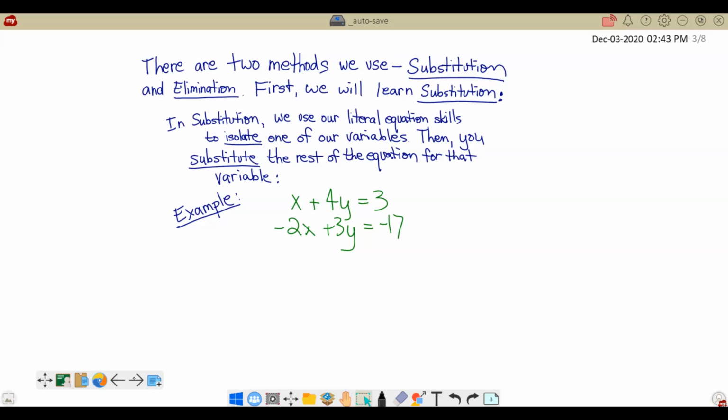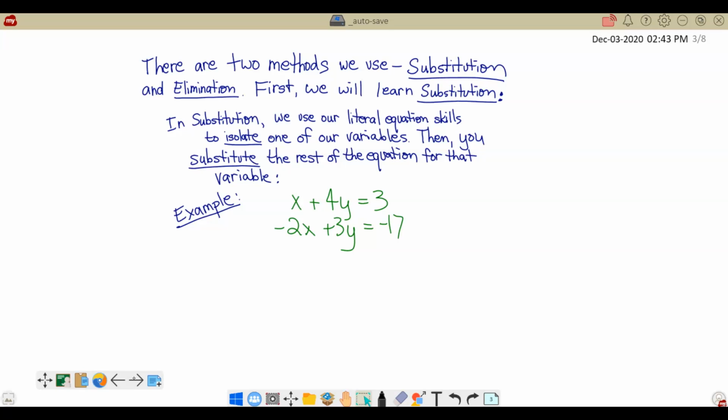In substitution, we use our literal equation skills that we've already learned and been practicing since September to isolate one of our variables. Then you substitute the rest of the equation for that variable.